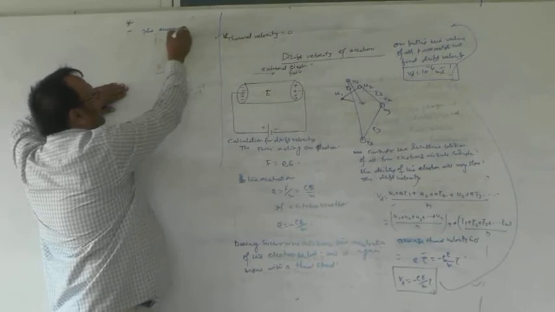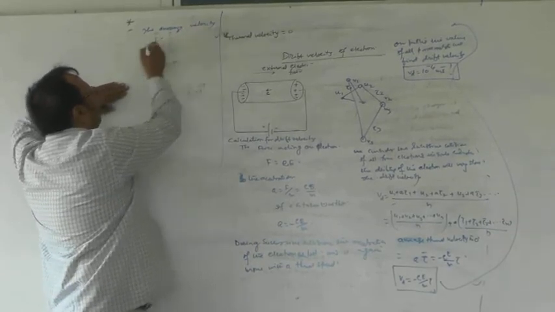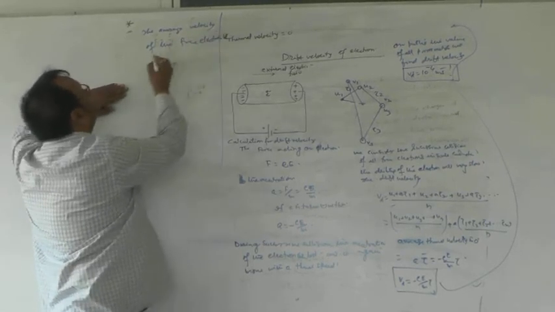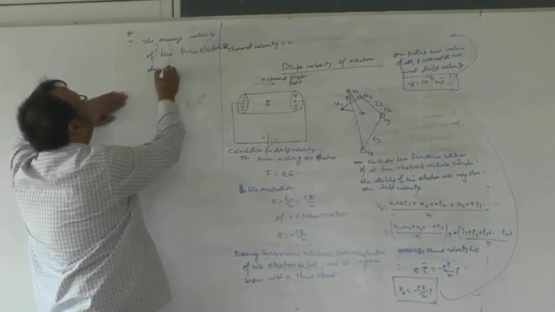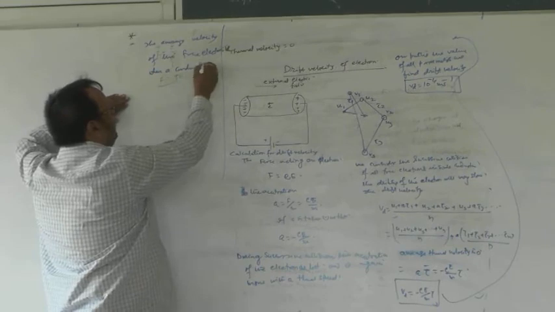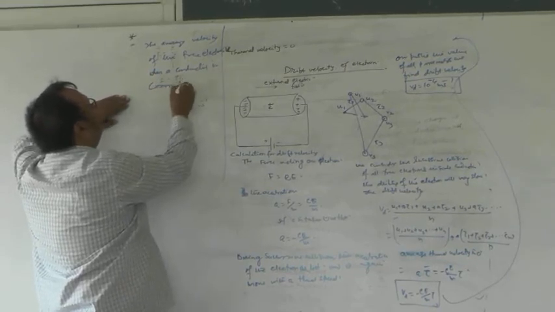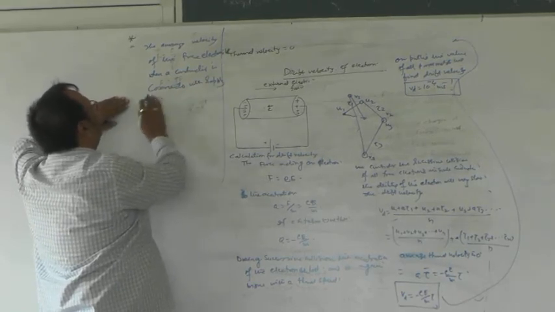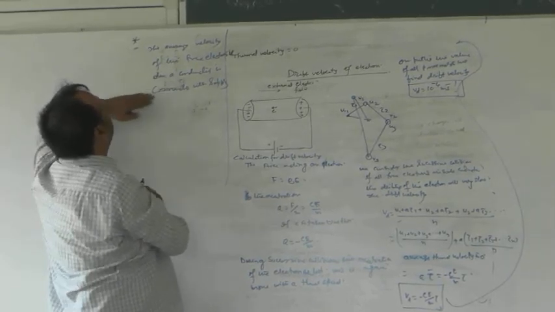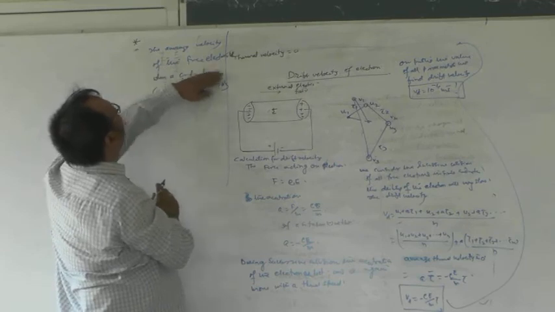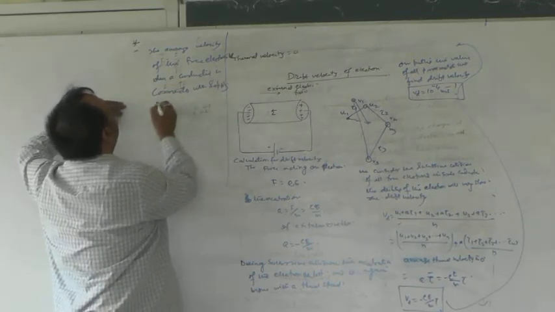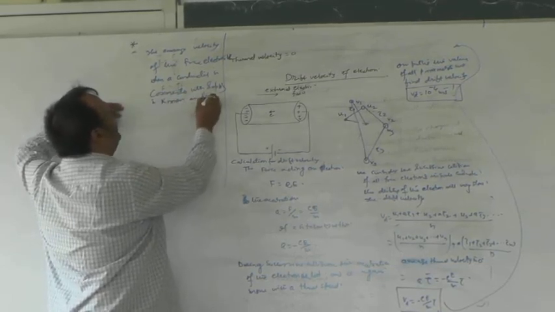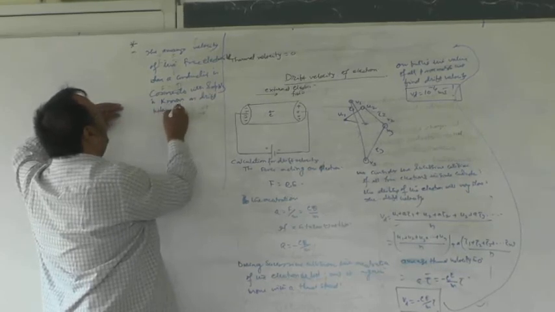The average velocity of the free electron when a conductor is connected with supply or an external electric field is known as drift velocity.